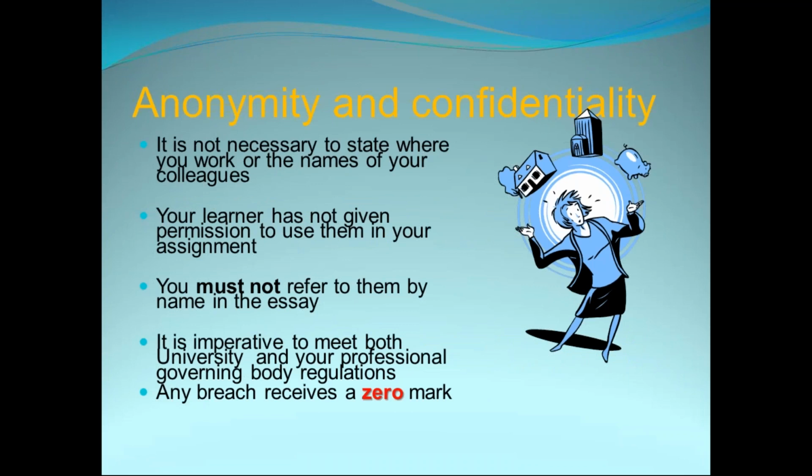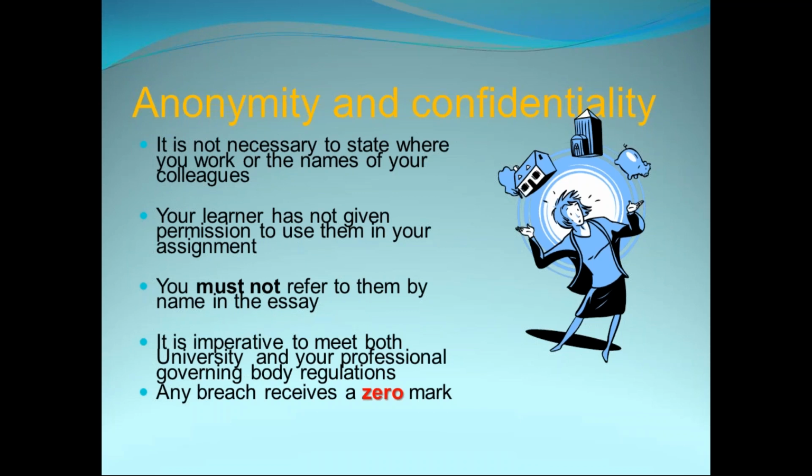Essentially, both the professional body, the NMC, and also the university take breach of confidentiality very seriously. You may decide to reflect on a situation where you've been supporting a learner, and we require you to anonymise them by giving them a pseudonym.